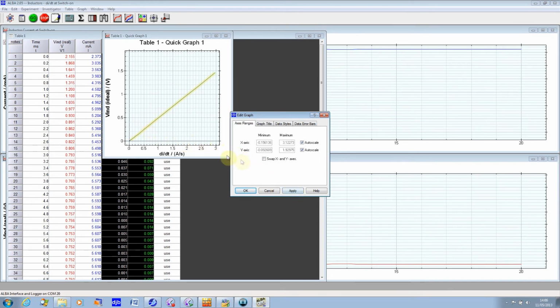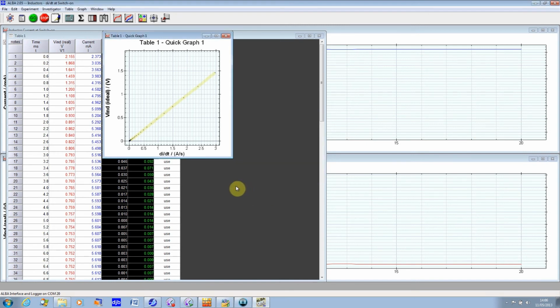I would like to see the data points, so I'm going to draw the symbols, and I don't want to connect the points with a line. I'll have crosses, nice small crosses, and I'll say OK. That's my graph.